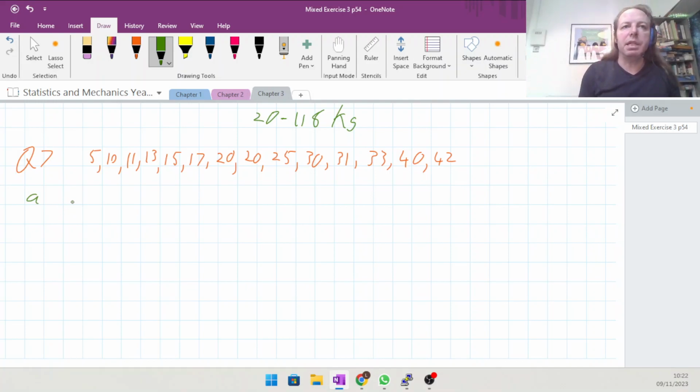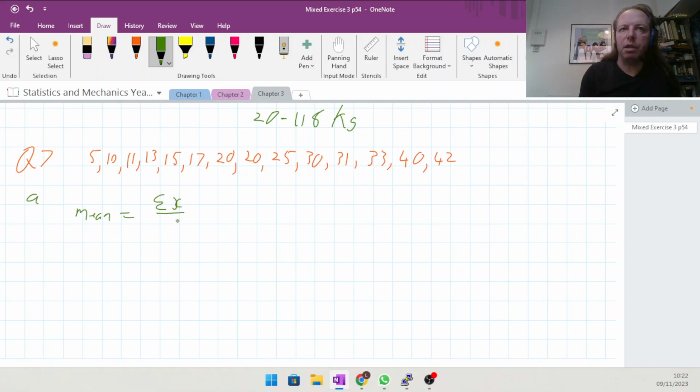So the mean of this data is going to be the sum of all the information divided by how many there are.